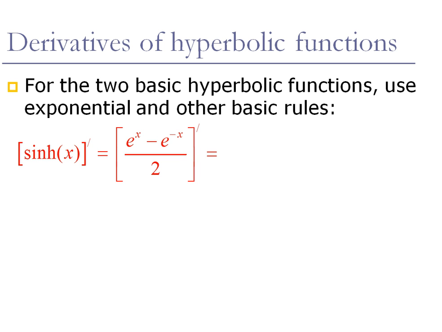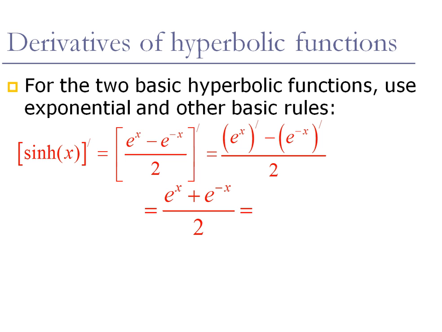So if we need to take its derivative, remember that the 2 is a coefficient that stays, we apply the addition rule on top, and now all we have to do is compute the derivative of e to the x, which is a piece of cake, and the derivative of e to the minus x, which is also an exponential combined with the chain rule, and gives us, of course, minus e to the minus x. Once we combine that with the existing negative, we end up with e to the x plus e to the minus x over 2, which we can recognize easily as being the hyperbolic cosine of x.